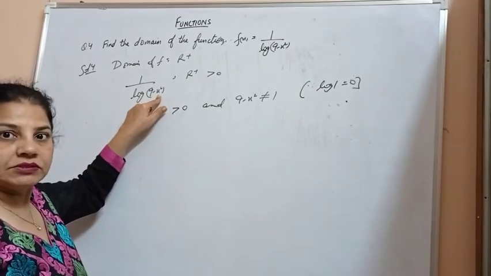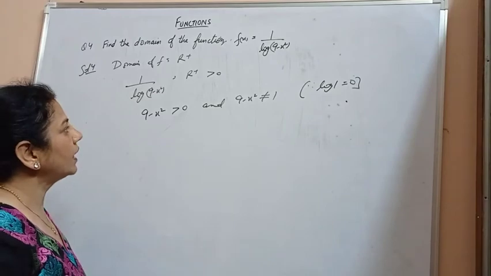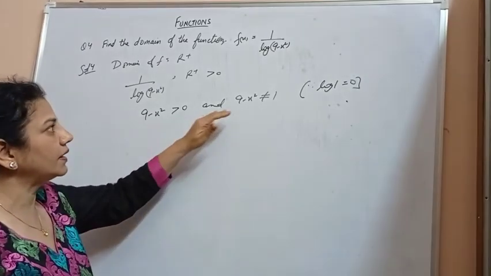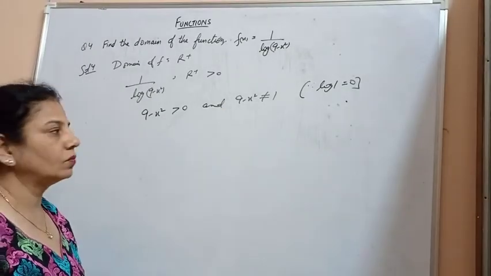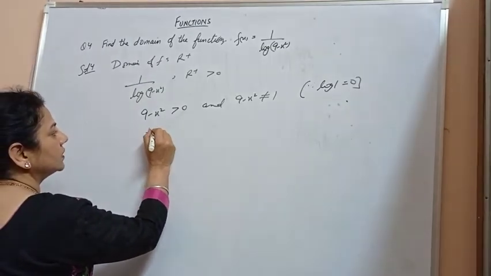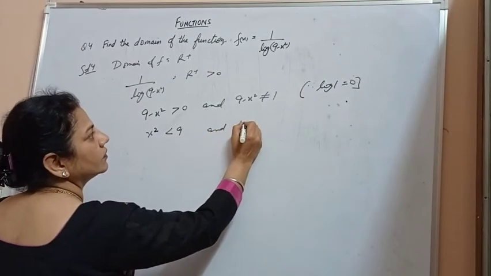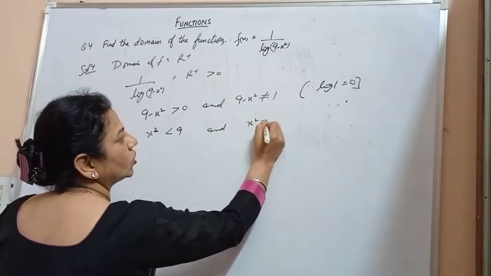If 9 minus x square becomes 1, then the log of 1 is 0, where the function is not defined. So we have 9 minus x square greater than 0 and 9 minus x square should not be equal to 1. In this case, we have x square less than 9 and x square should not be equal to 8.